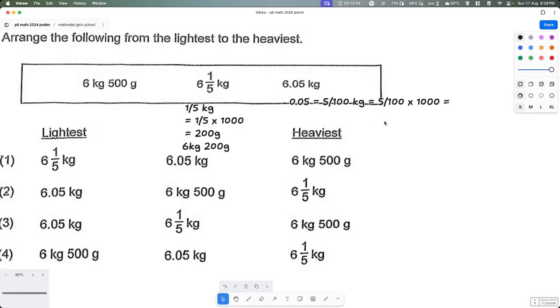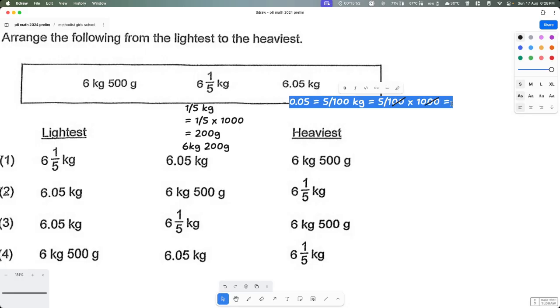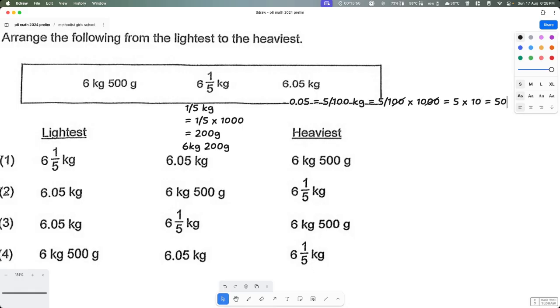We can cancel two zeros from here. That means 5 times 10, which is 50 grams. So this is 6 kg and 50 grams.